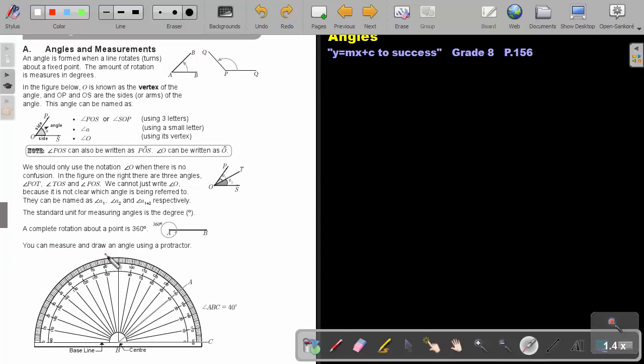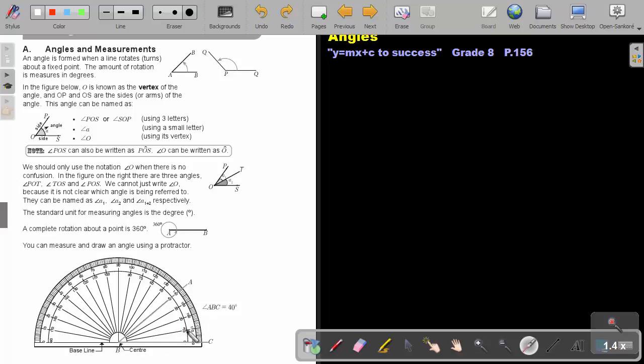You can measure and draw an angle using a protractor. Here it is, 180, but take note, on one side it starts with 0, and on that same side it's starting with 180. So 0 is here on the top scale and 0 here on the bottom scale. This is the baseline and this is the center.